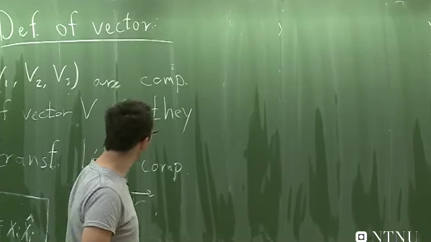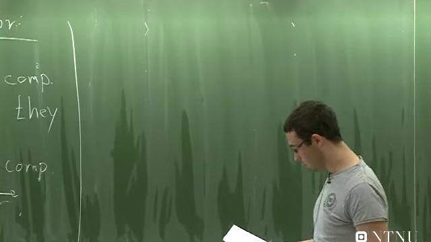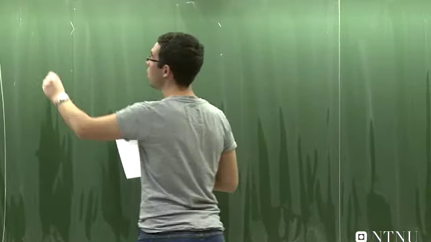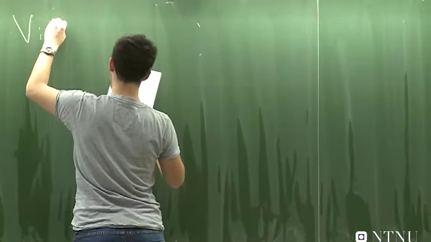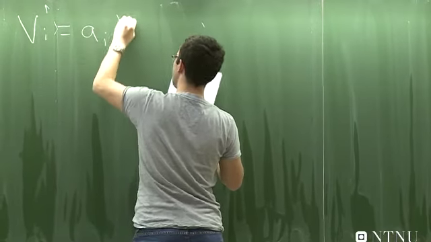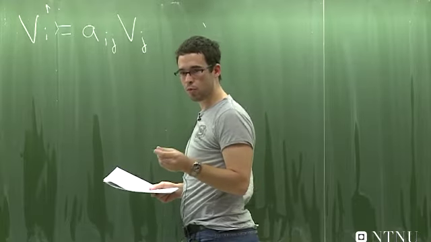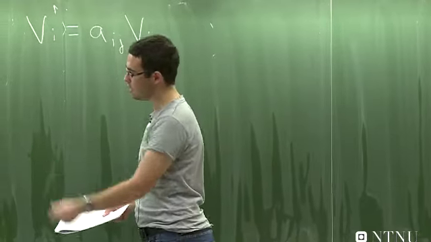Okay, and because of this, I can write in the following fashion that Vi prime is Aij Vj. And now the Aij's are given with the same formula, right? I use the same formula as for the position vectors.